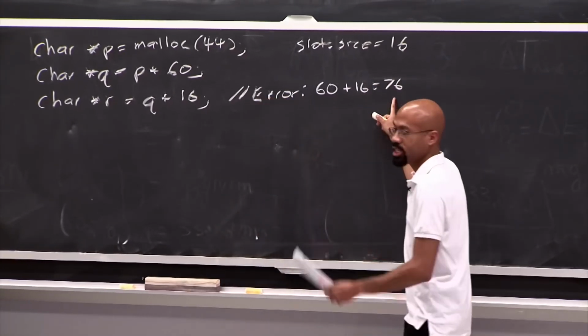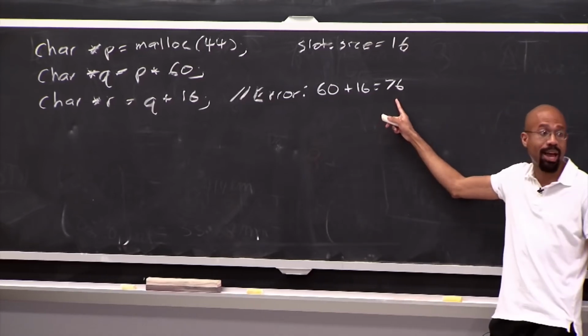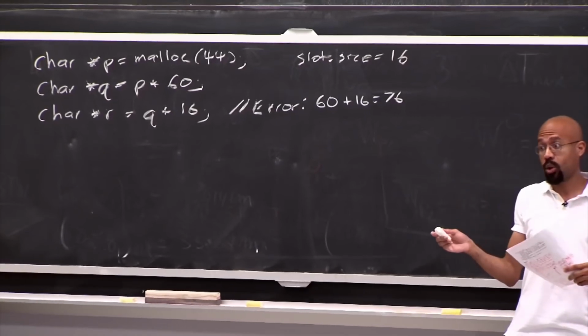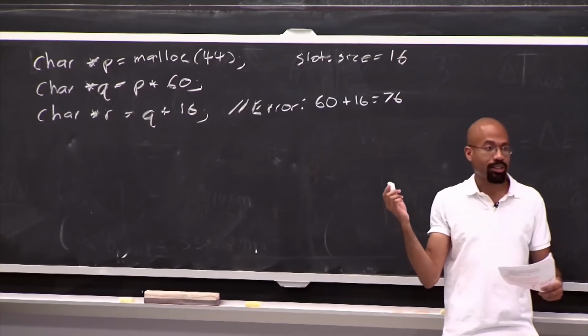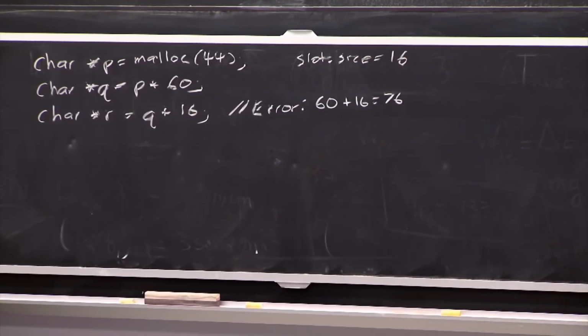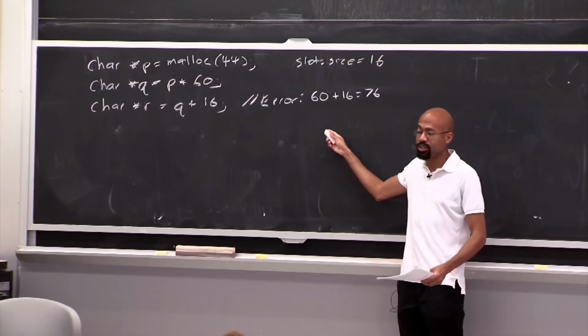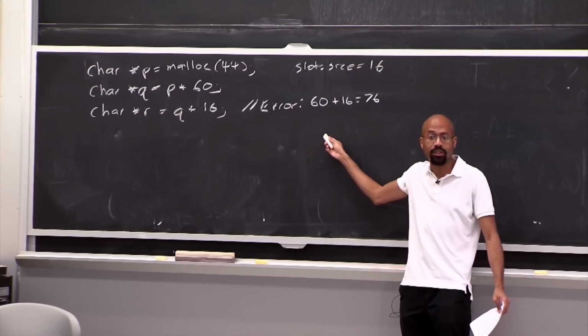This is 12 bytes away from the end of the baggy bounds, which is greater than half a slot away. If you remember, the baggy bounds system will throw a hard synchronous error if you get beyond half a slot from the edge of the baggy bounds. So this will actually cause the program to fail. It will make it stop.